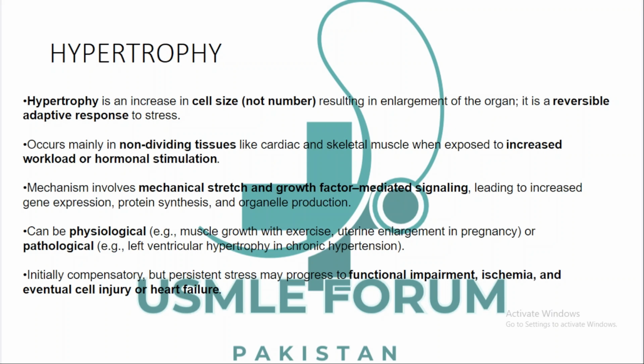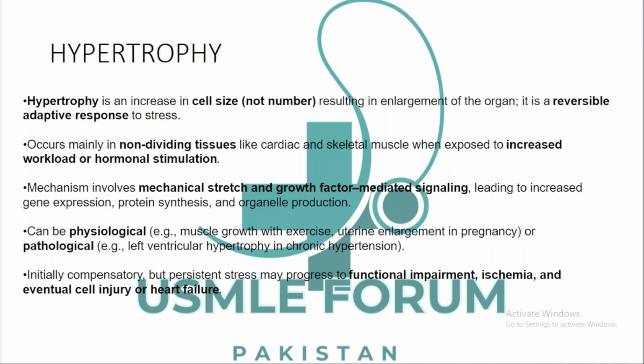And again, it's a reversible process and an adaptive response to stress. It basically occurs in those cells which are not able to divide. That's why they are increasing in size, because they cannot divide. The classic examples of such tissues or cells are cardiac muscle tissue and skeletal muscle tissue.